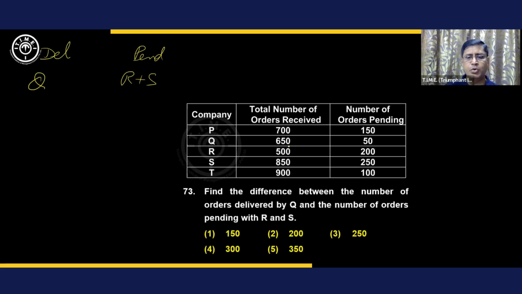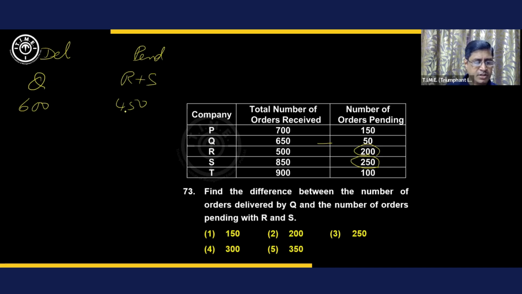So how many Q delivered? Received is 650, 50 are pending. So 650 minus 50, that is equal to 600. How many pending in R and S? R pending 200, here S pending 250. By adding these two, 450.